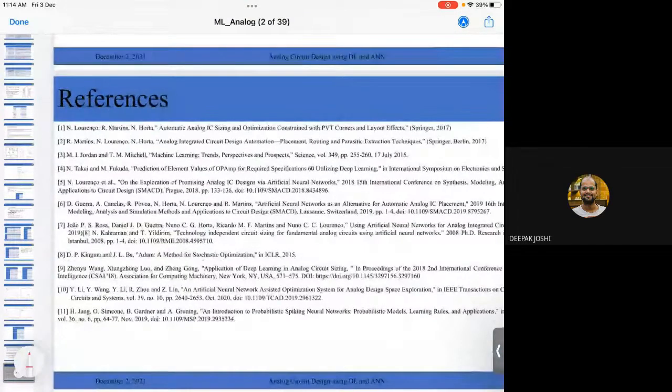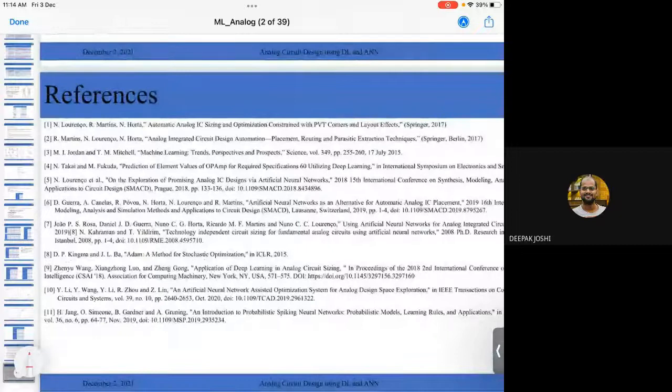They are very well written. You can follow this particular professor and Horta, who have some very good books in this field of analog IC sizing.